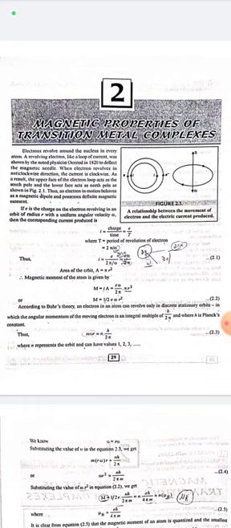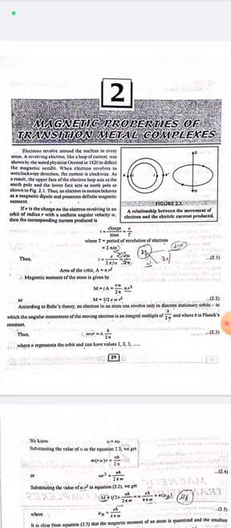If e is the charge on the electron revolving in an orbit of radius r with a uniform angular velocity omega, then the corresponding current produced is I equals charge by time, that is e by t, where t is the period of revolution of the electron, equal to 2 pi by omega.